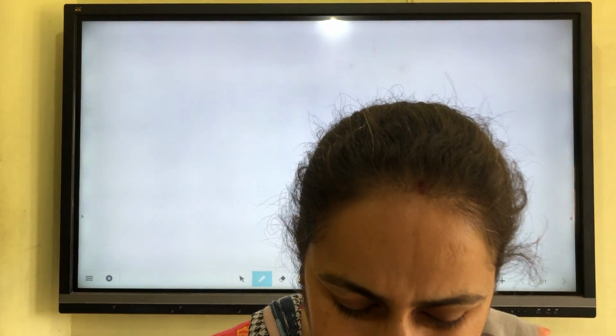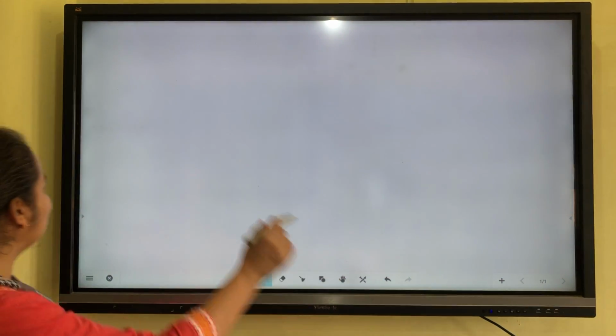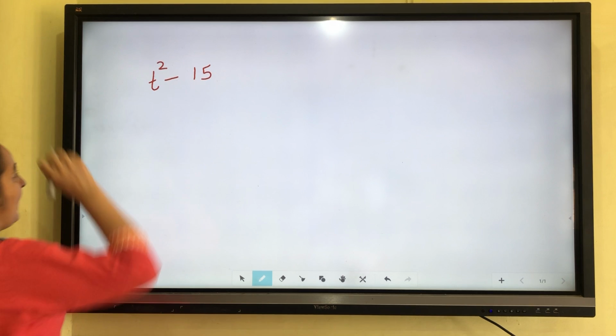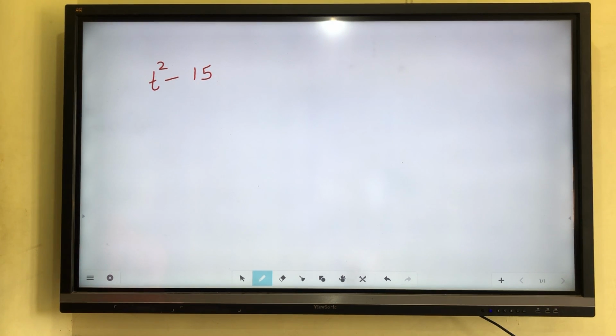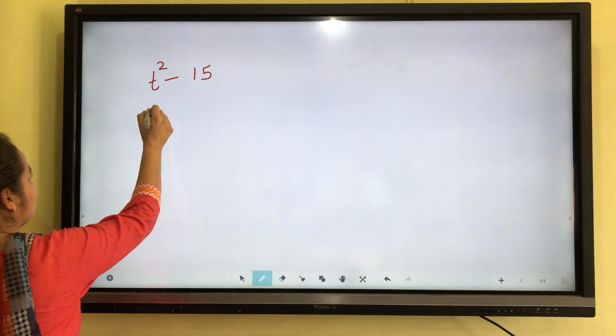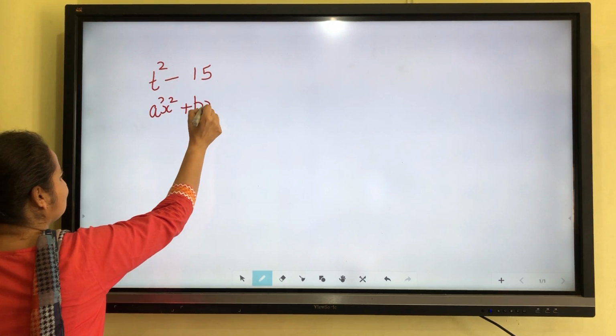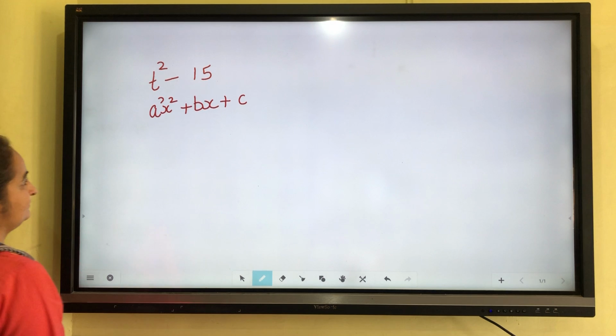Now I am doing one more question, that is t square minus 15. This is again a quadratic, but compare this equation with x square plus bx plus c.